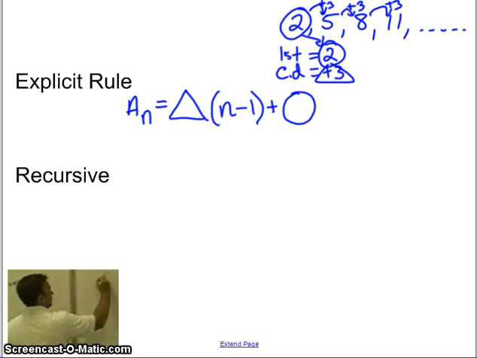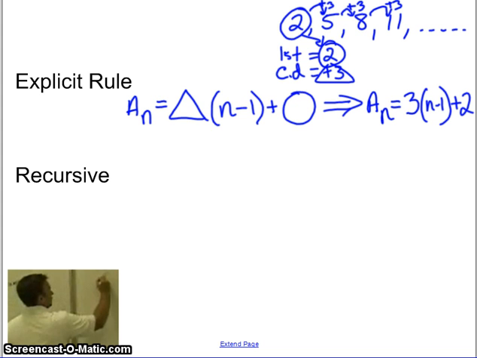If we translate this with our example, a sub n, whatever our term is, equals the common difference, which is 3, times n minus 1, plus the first term, which is 2.